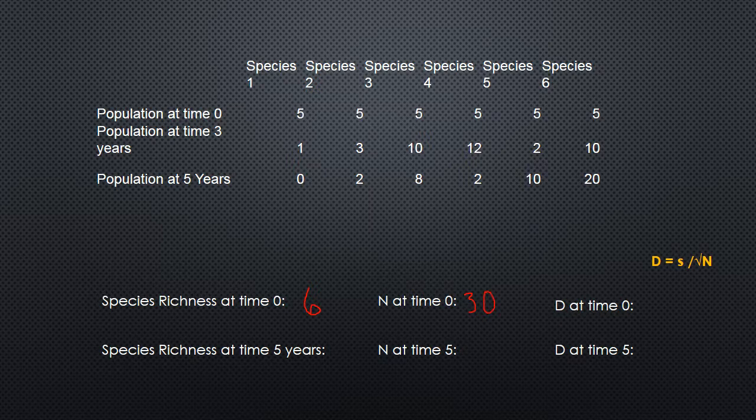We are really testing my skills with this little pad here. But anyway, the diversity that we need to calculate at time 0, we're going to use this formula right here. So we're going to say species richness, which is 6, and we're going to divide that by the square root of 30. So I'm going to pull out my handy dandy calculator over here.